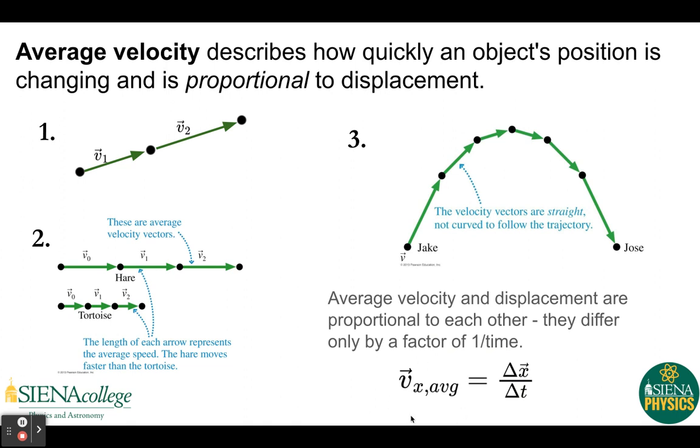And just to make the point, it seems kind of weird because you're just drawing a velocity vector between two positions. But if we look at how we define velocity, it's the change in position over change in time. So really, our average velocity and change of position are proportional to each other. It's just this division by time that's in there. So they're really in the same direction as the change in position.